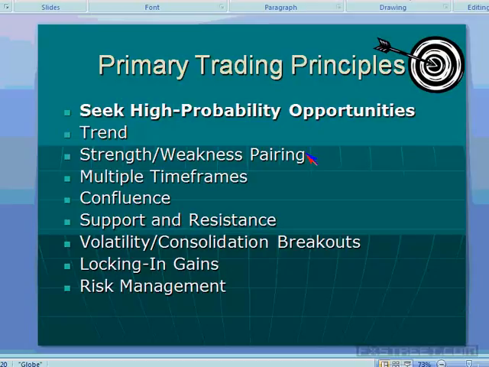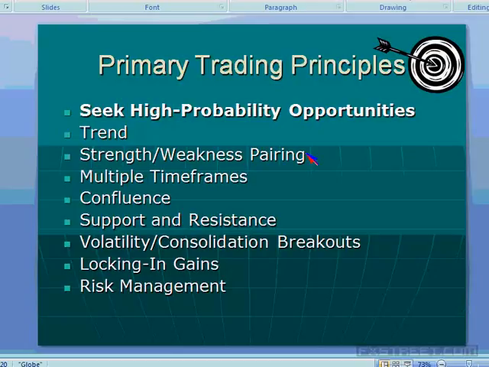Now, what is the basic concept of this? The basic concept is that you're looking for the strongest directional bias you can. Okay, and because, as we all know, currency pairs are traded in pairs. They're not traded alone as you would trade a stock or an index or what have you.